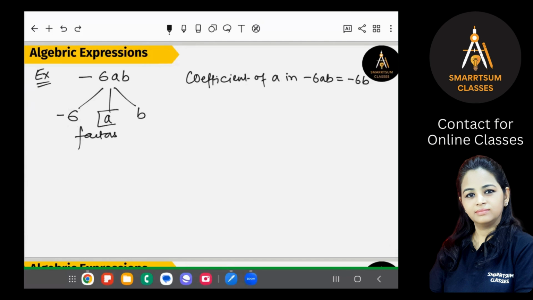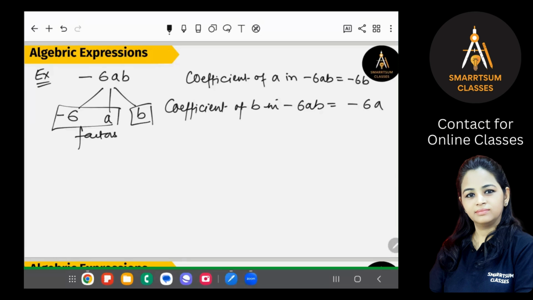Similarly, if we ask the coefficient of b in minus 6ab, that is minus 6a, means other than b, the factors left are minus 6 and a. So this will be the coefficient of b within minus 6ab.